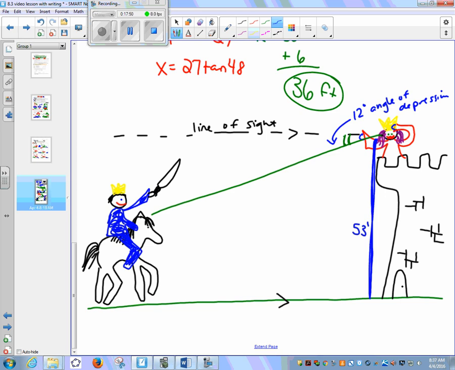So the triangle that we have formed here is kind of like this. So what do we need to know in order to have a side that we can use here?